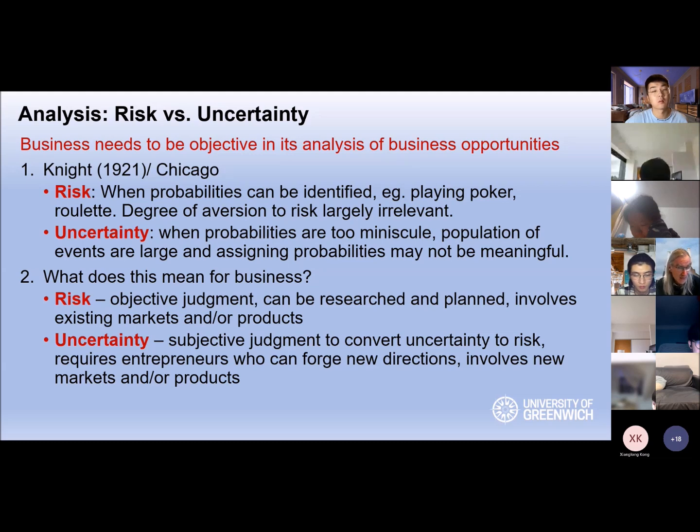Entrepreneurs will attempt to do this. So entrepreneurs will take something which looks uncertain, or looks like an extremely high risk with a low rate of return, and they will use their insights, their instincts, their gut feeling to calculate a much lower risk level.